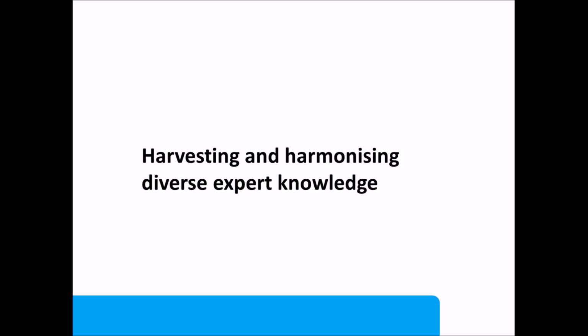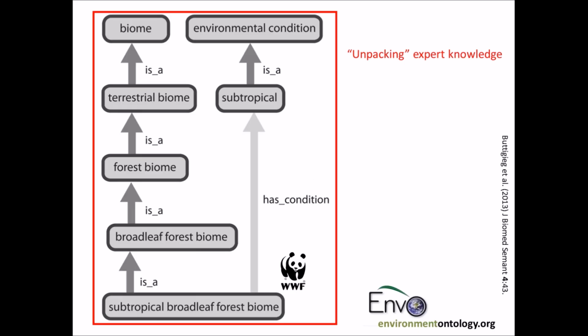You can have views that are controversial. You can have dissenting opinions, but it's clear where these things exist. Those nodes are attributed to the people who gave them or contributed them to the ontology, and you can navigate through different modes of knowledge.